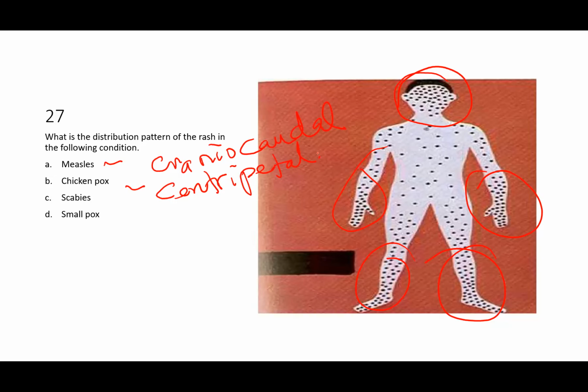Okay. Scabies is flexural areas. Smallpox is centrifugal.